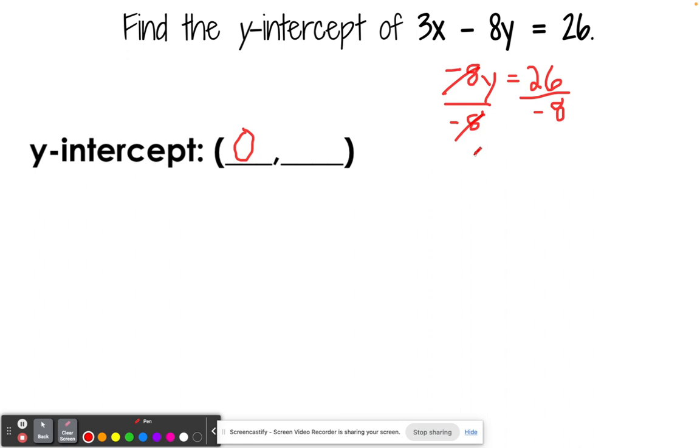And I get y equals 26 over negative 8. It's going to be negative, because a positive divided by a negative is a negative. And I can simplify 26/8 to 13/4. Again, I probably wouldn't want to use that for graphing purposes, because 13/4, or 3.25, would not be an easy number to graph.